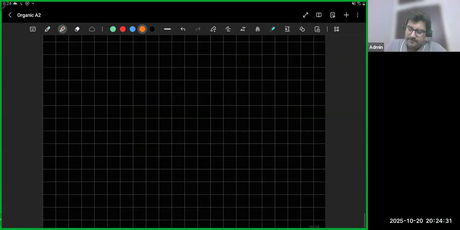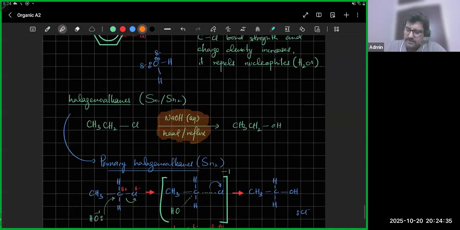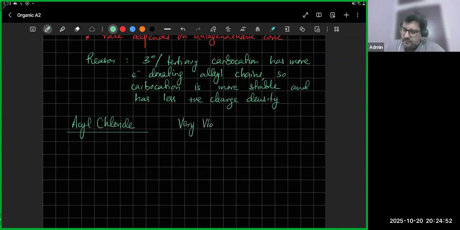And okay, so acyl chloride. So very vigorous reactions.